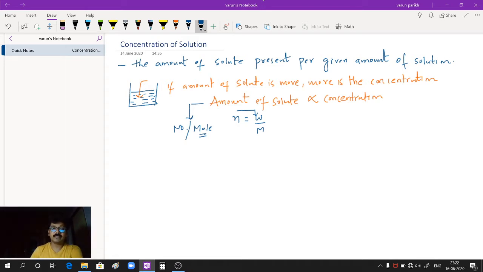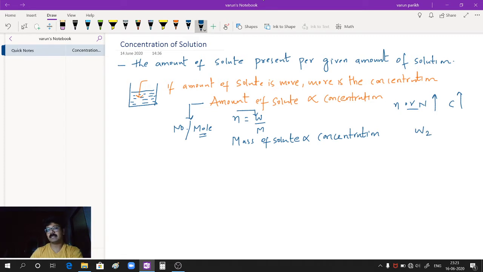So we can also say that the mass of solute is directly proportional to concentration. Concentration is directly proportional to mass, or to amount. So if the number of moles or particles increases, concentration increases. In the same way, if the mass of solute increases, only then can the concentration be increased.